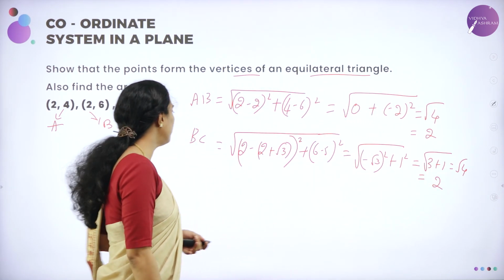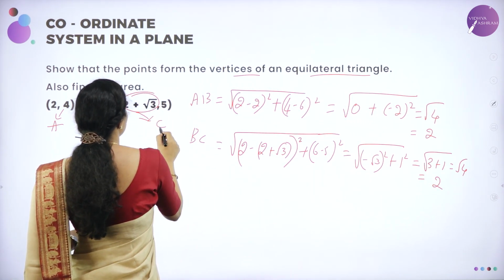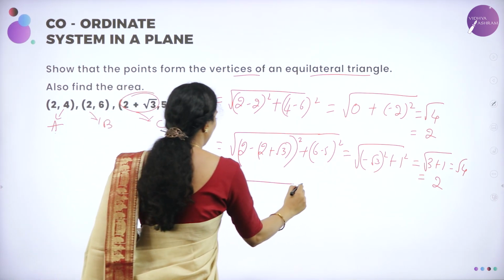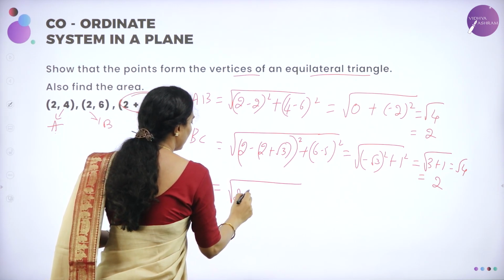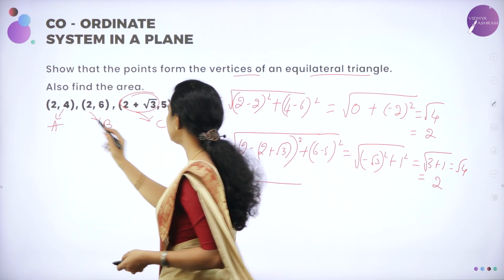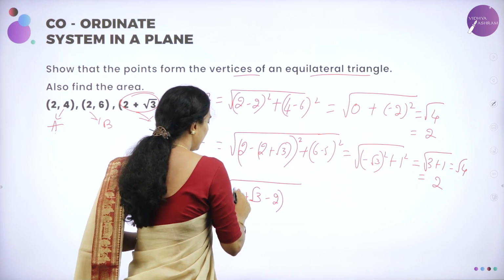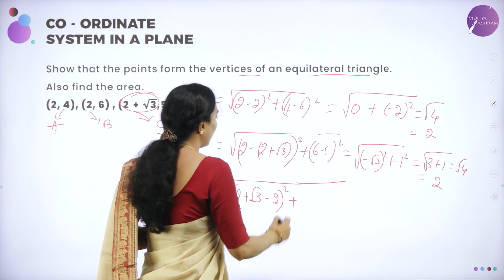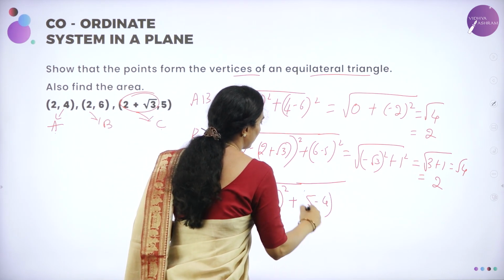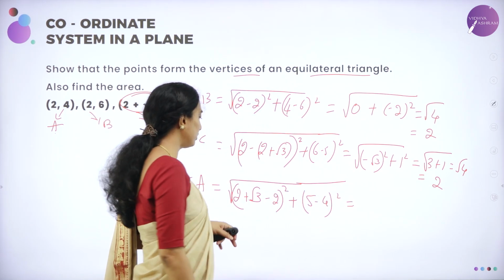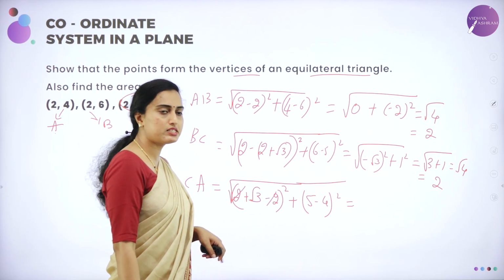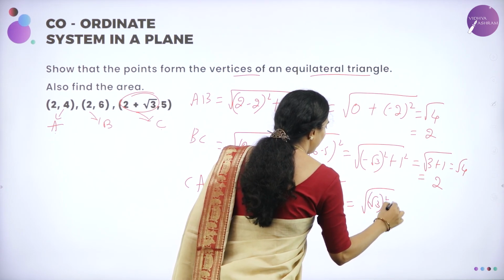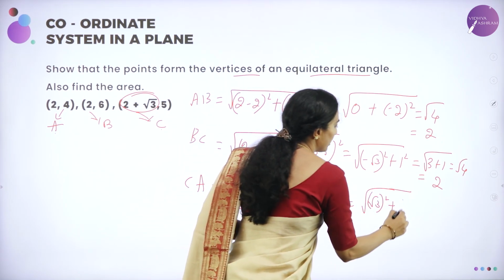Correct? Next we'll be moving on to CA, this one. C and then A, so CA or AC. What happens here? Square root of (2 plus root 3 minus 2) whole squared, the x coordinate, plus again (5 minus 4) whole squared. 2 minus 2 will get cancelled, leaving root 3 whole squared plus 5 minus 4, which is 1 squared.